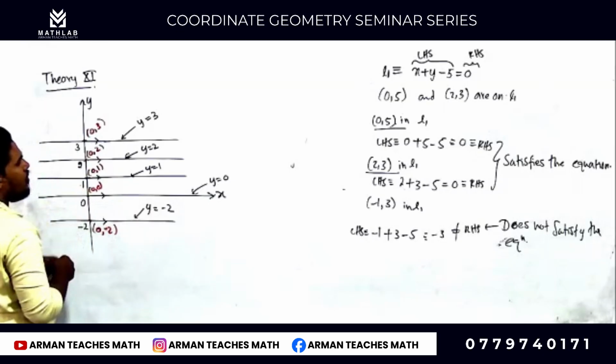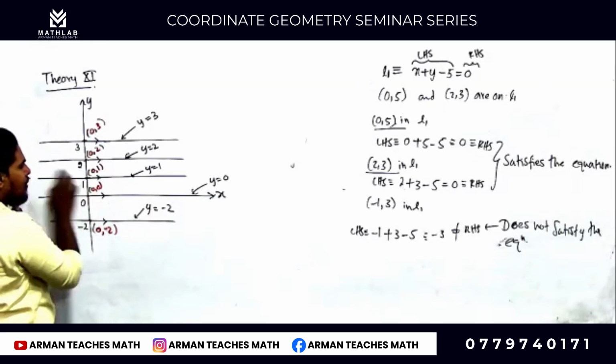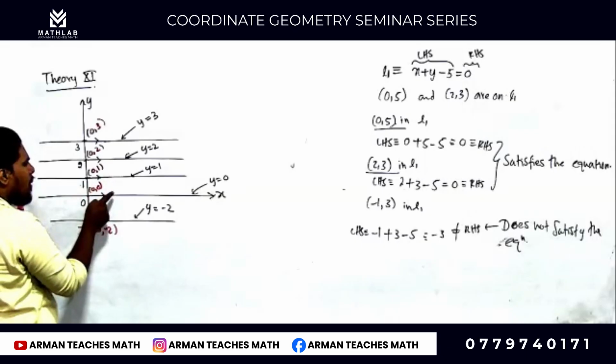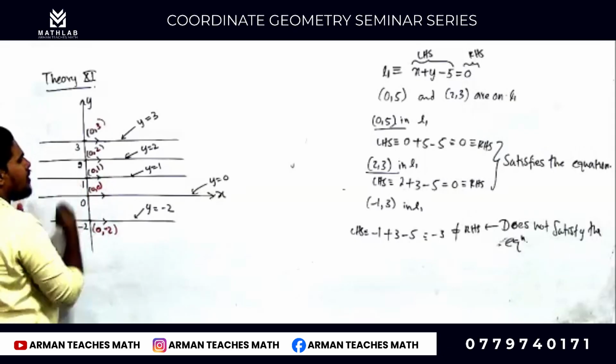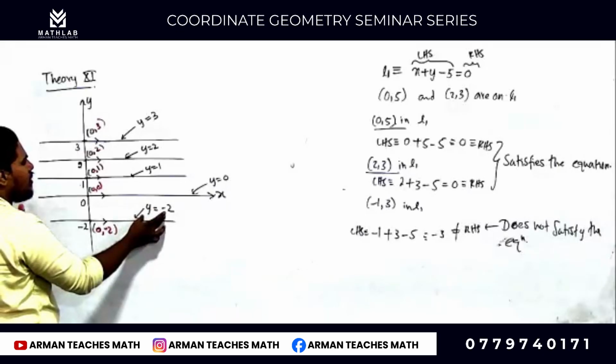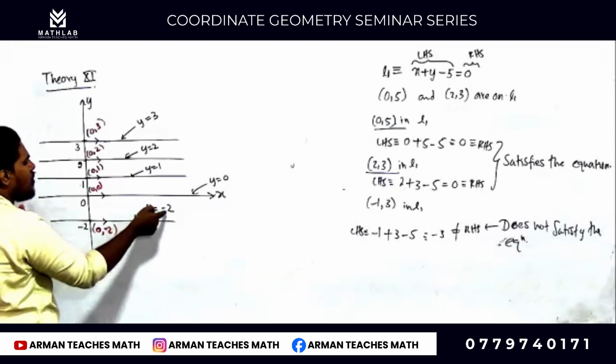If I select a point and try to explain, what will it be? What is the straight line y equals 1? The straight line y equals 1 is the straight line that is parallel to the x-axis and passes through the point (0, 1). Y equals minus 2 is the straight line parallel to the x-axis, not parallel to the y-axis, that passes through the point (0, minus 2).